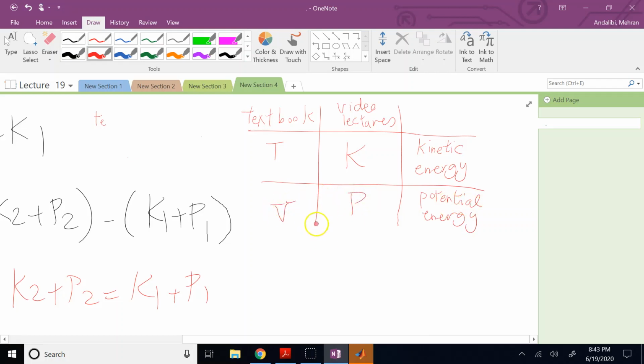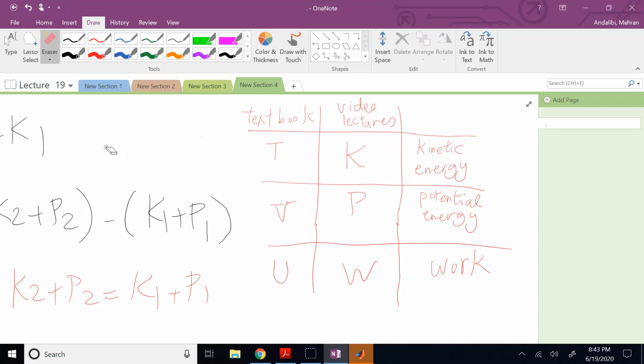I use P. And for work, your textbook uses U, I use W. So please pay attention to the difference between how I use notation and how your textbook does. I absolutely do not like the notation of your textbook.